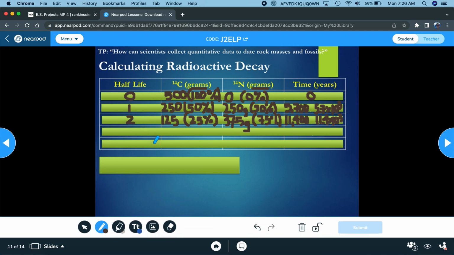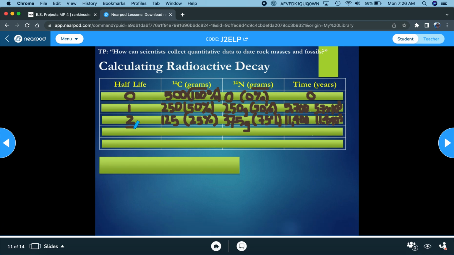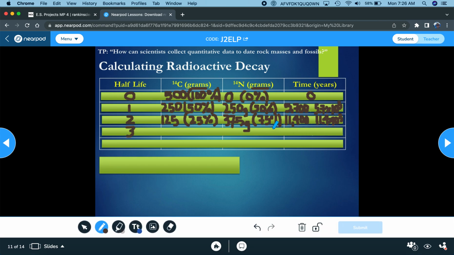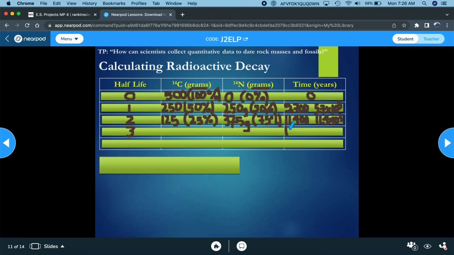Now, our main goal is to get to 31.25 grams, which was in the question. We're not there yet. Half-life 3, which would be another 5,700 years, would be 17,100 years.